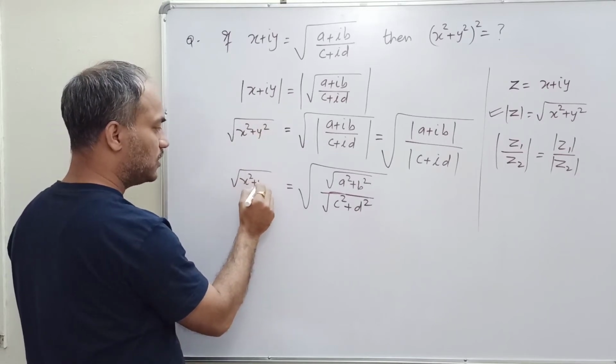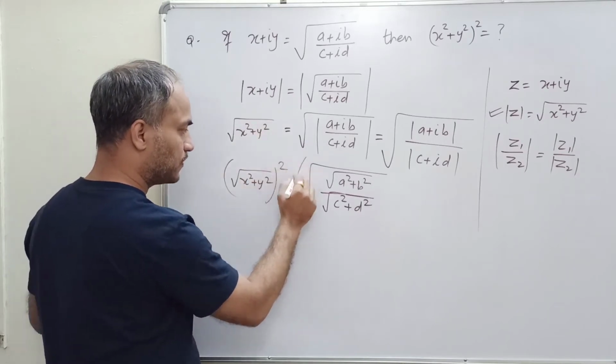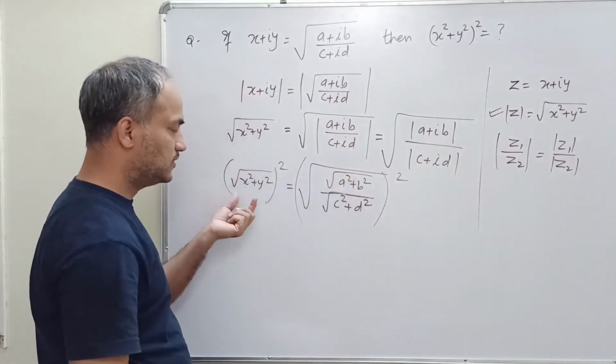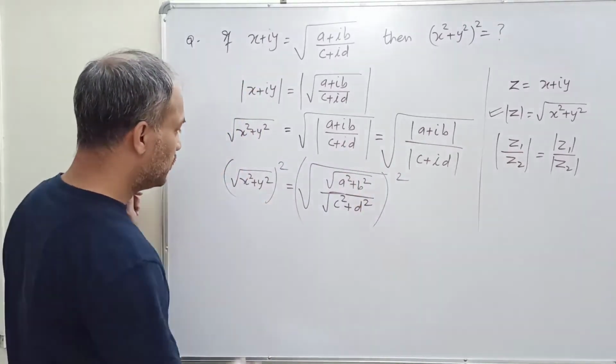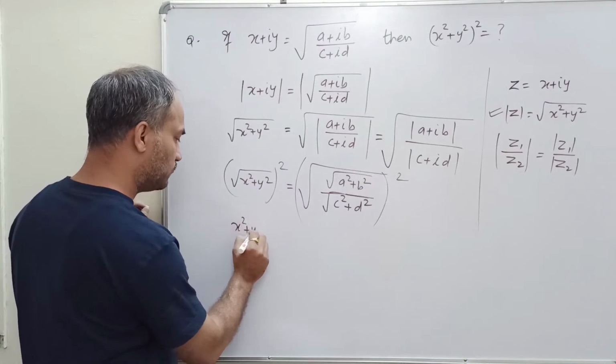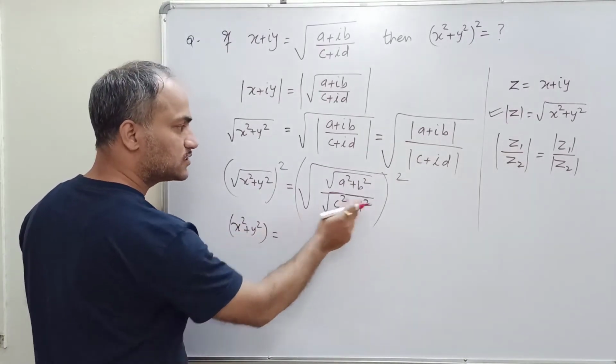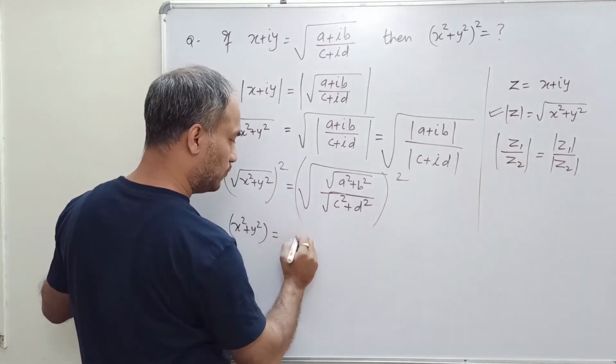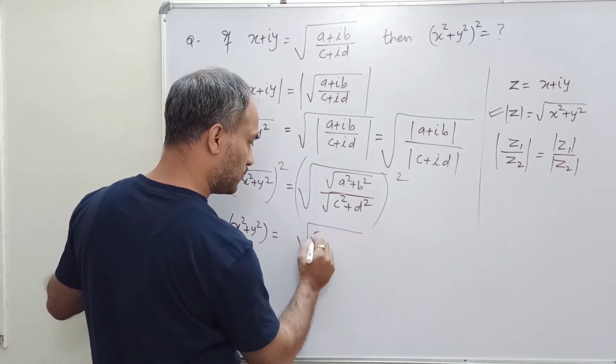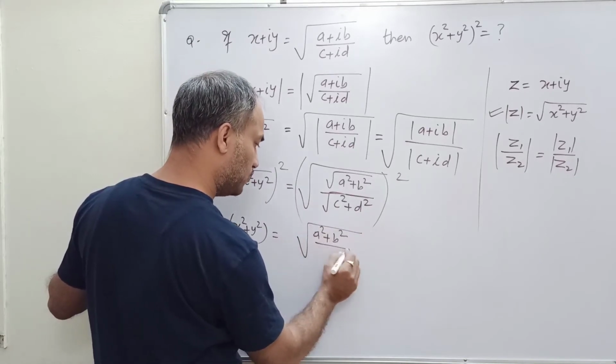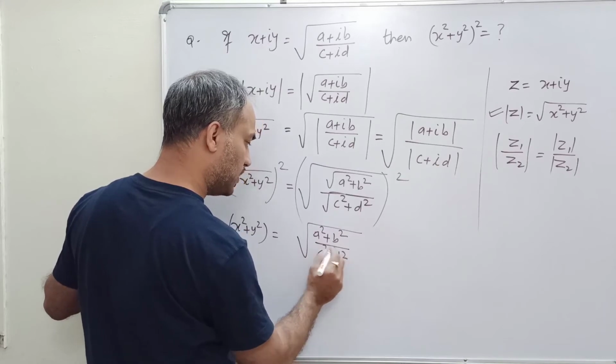So if we square both the sides, what happens? This square root will go away, so we get x square plus y square equal to a square plus b square upon c square plus d square.